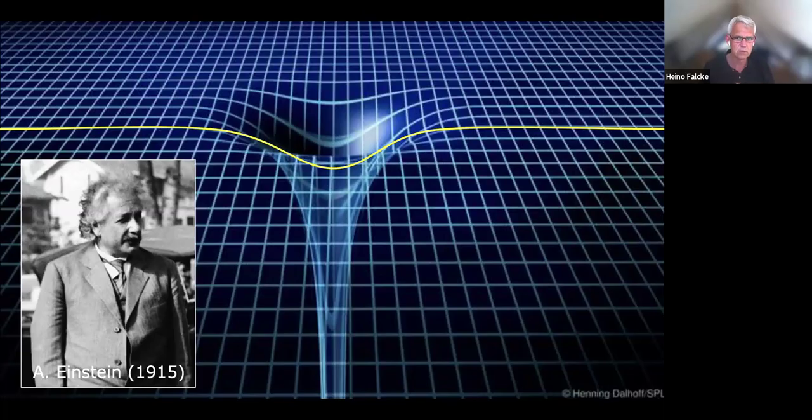Now, light will still follow the trajectories of space and time, the space-time, but it will be deflected. It can no longer go on a straight line. And in fact, as space is stretched, it has to take a longer route, so to speak. However, it still goes with the same speed.